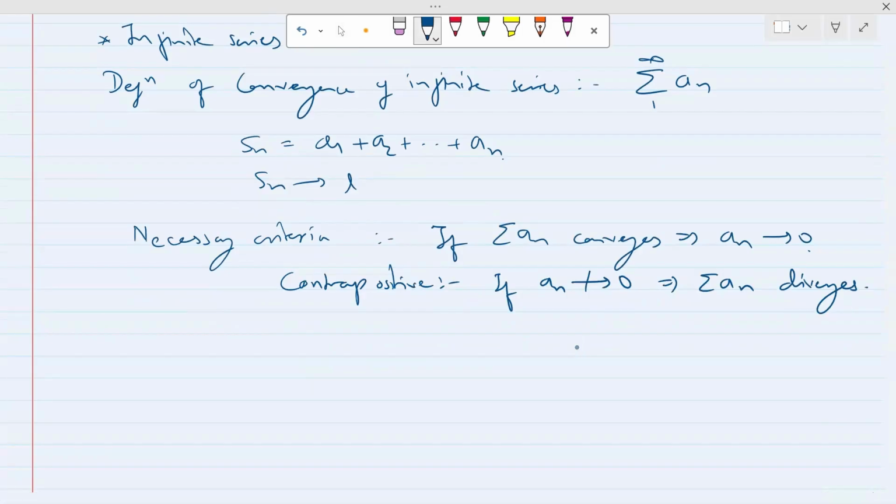And then we have the geometric series test: a plus ar plus ar square, ar to the n, and it goes on.